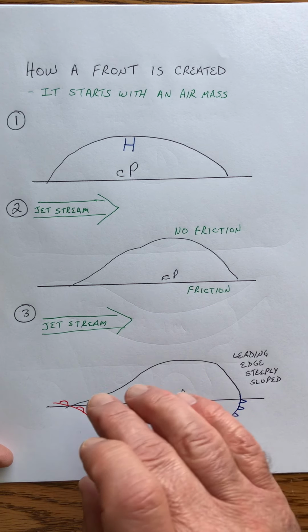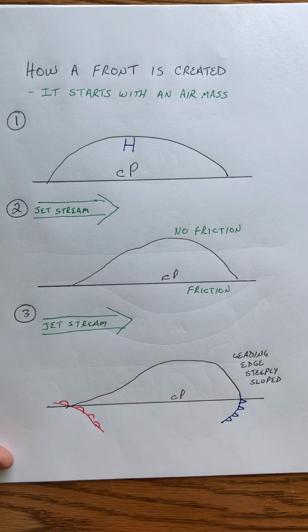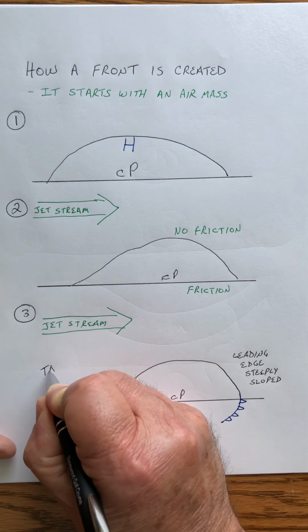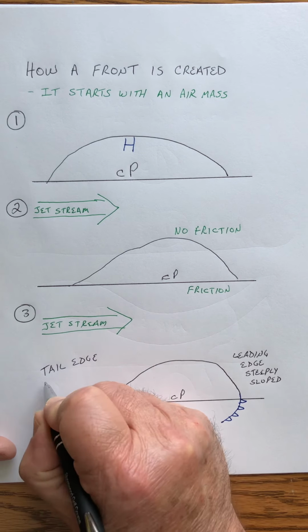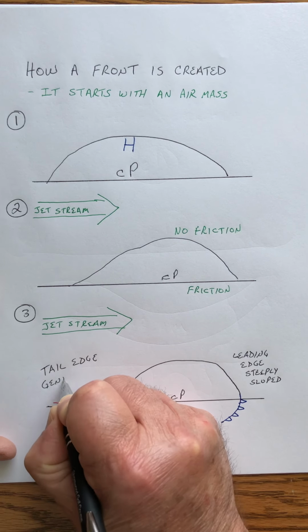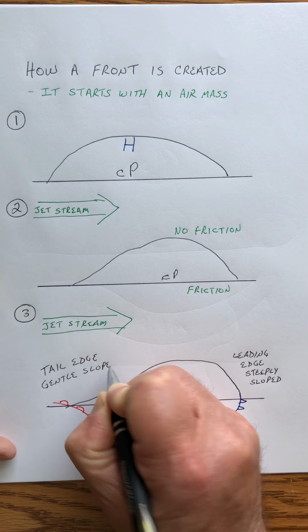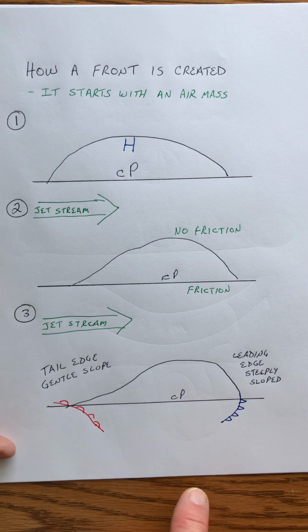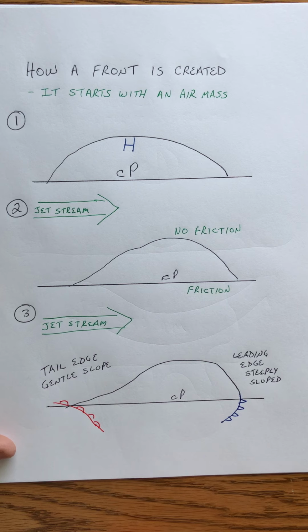As the air mass moves off towards the east, the trailing edge here, we'll call this the tail edge, has a pretty gentle slope to it. And that actually is going to become a warm front later on. Okay, so next we're going to talk about cold fronts, and then after cold fronts we'll take a look at warm fronts. But this is basically the start of how this all begins.